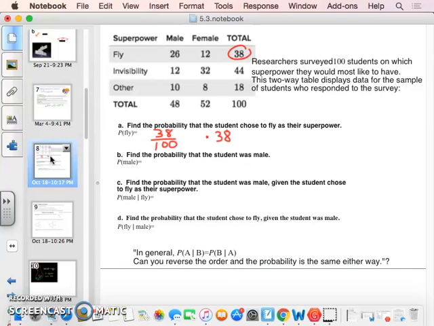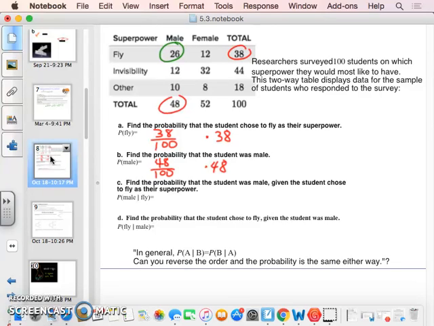Find the probability that a student was male. So we're going to look here at our total, which is 48 out of 100, which is 0.48. Find the probability the student was male given they chose to fly. So we need the intersection of the two. So where is male and flying? It's right here.